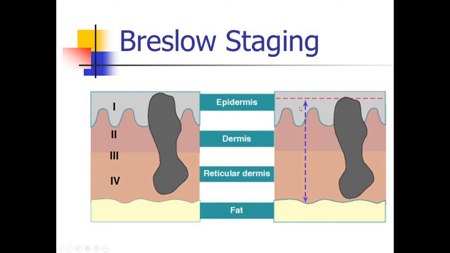Breslow is here. It's the depth, in millimeters. Clark tells you in which part of the skin the melanoma penetrates. But Breslow, according to the depth in millimeters, then you make the prognosis.